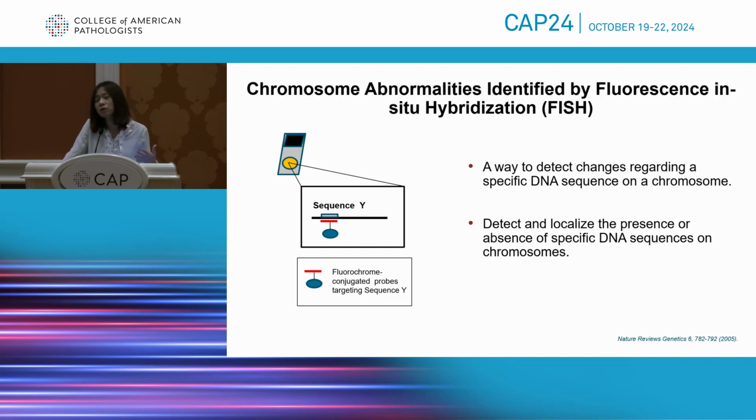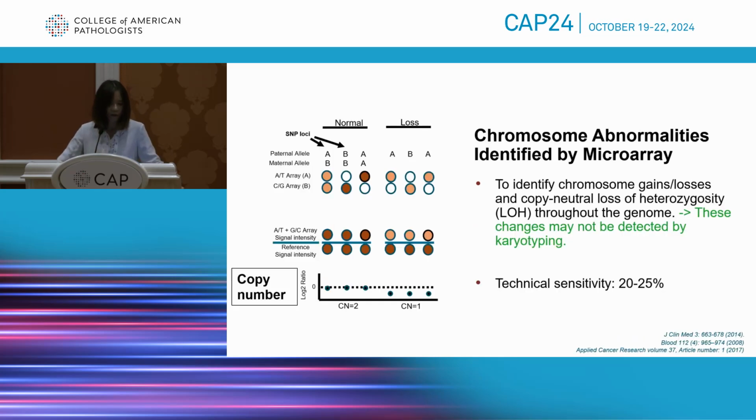And this is the way we think about a copy number alteration FISH probe. We also have break-apart probes and fusion probes, which are different, but we are talking about a copy number alteration probe right now. This is another way to detect copy number changes. As you can see, this is microarray.